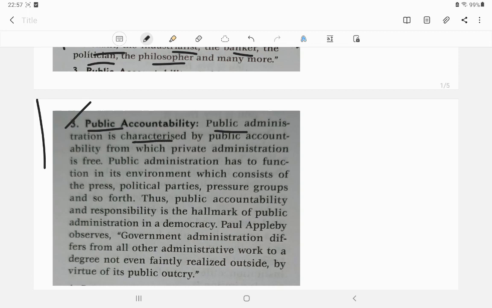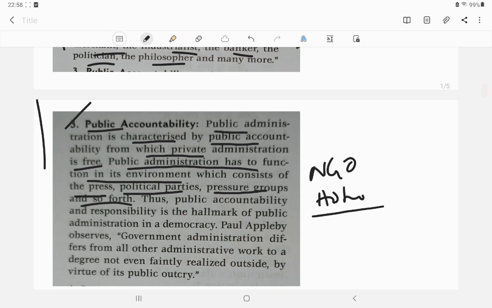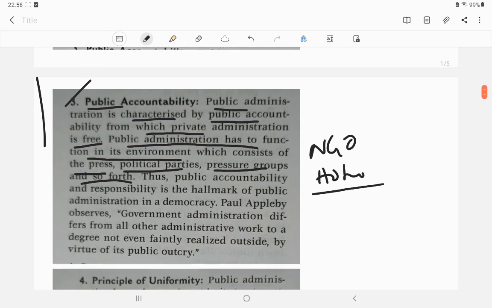Public administration is characterized by public accountability, in which private administration is free. Public administration functions in an environment which consists of the press, meaning newspapers, political parties, pressure groups, for example NGOs, civil societies and so forth. So public accountability is explained here.